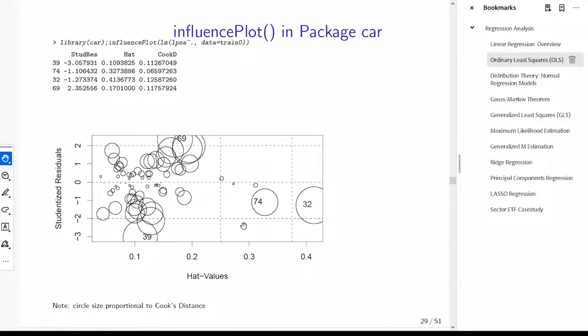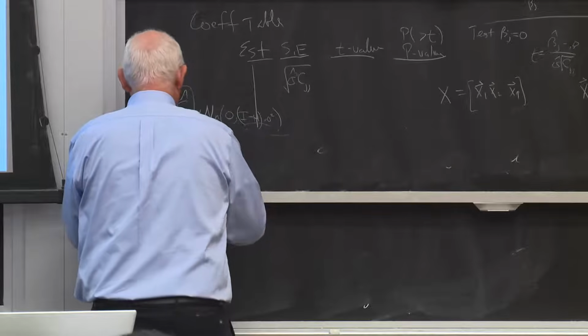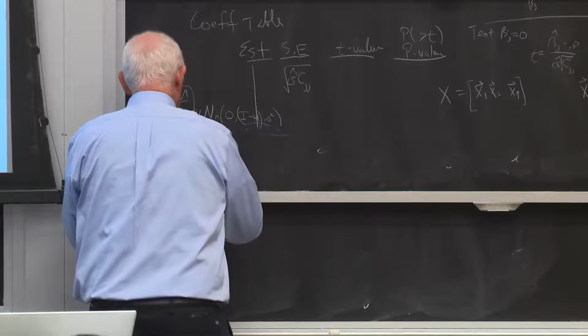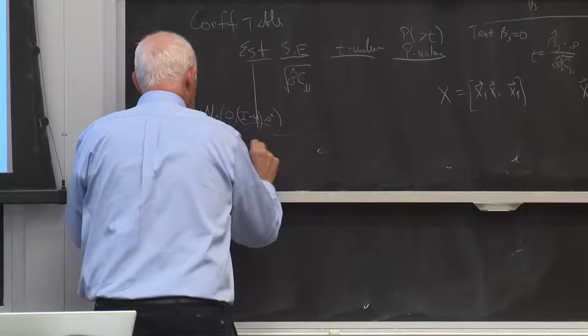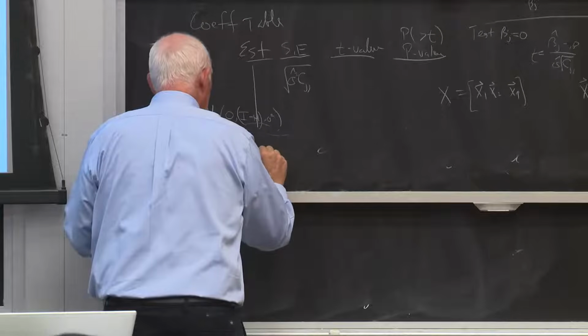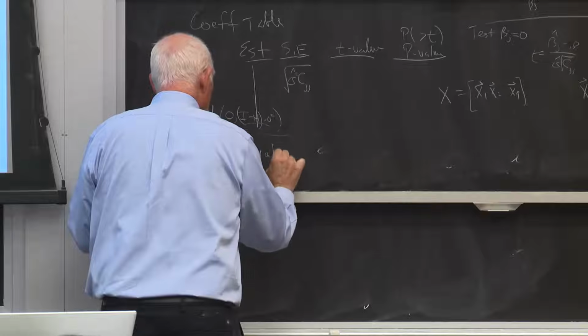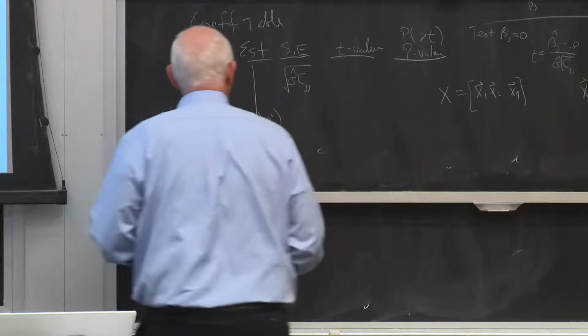Now, here is a plot called the influence plot in the car package. And it plots hat values versus studentized residuals. The hat values are the diagonals of the H matrix.